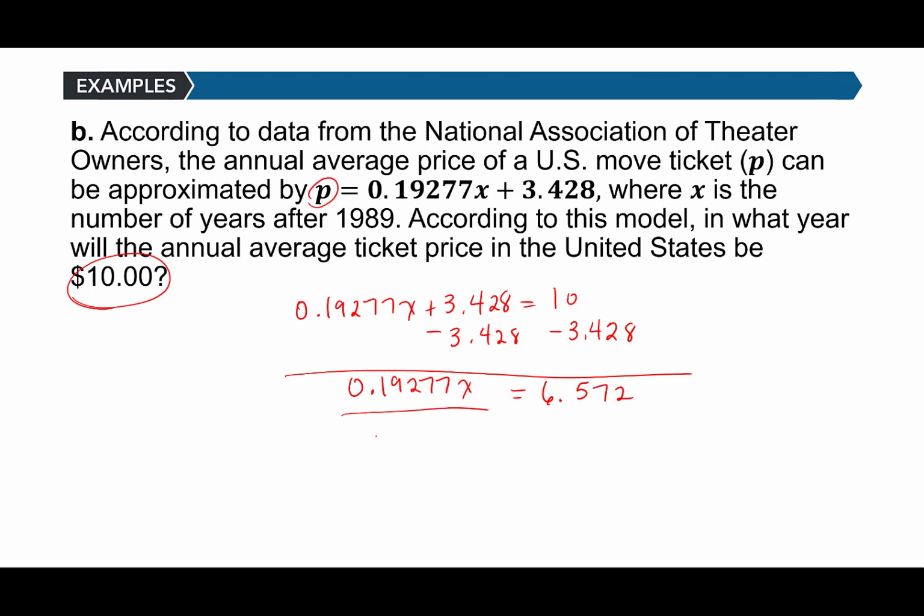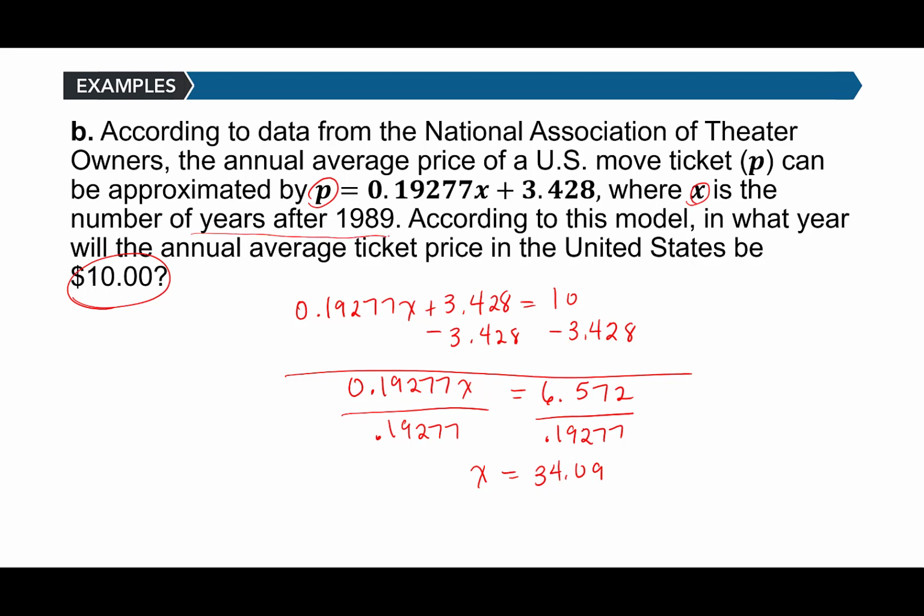And then we can divide by the 0.19277. So x will equal 34.09 approximately. So how do we interpret this answer? Notice that the variable is x, which is the number of years after 1989.